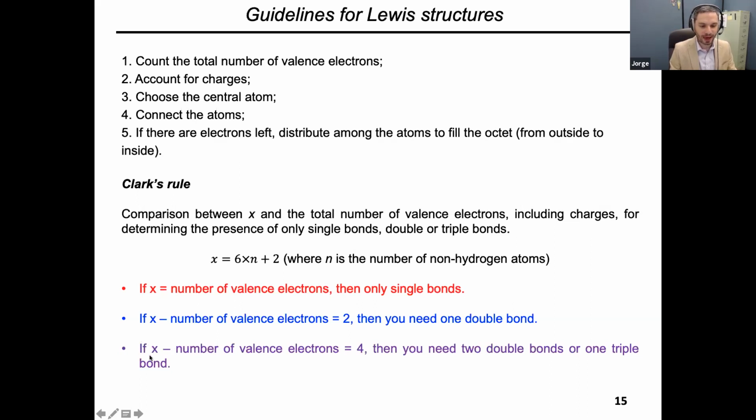And if X minus the number of valence electrons is equal to 4, then you have either 2 double bonds or 1 triple bond. And we will have to decide between the 2.